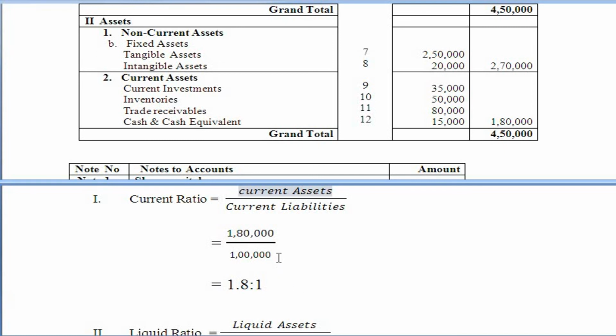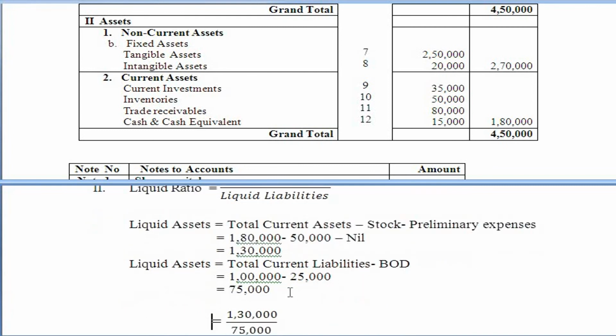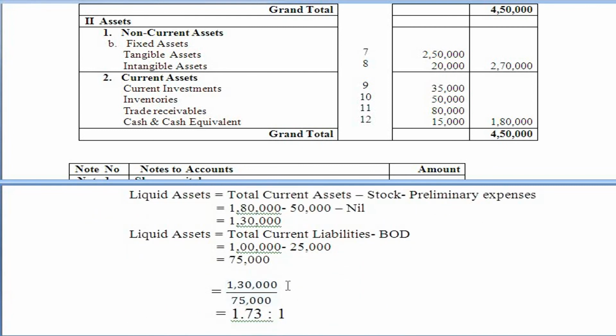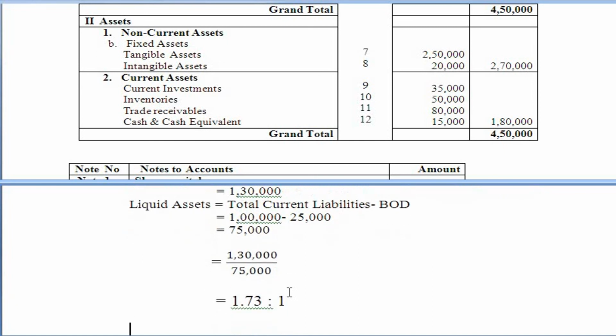What is the ideal or standard ratio of current ratio or working capital ratio? It is 2:1, whereas our actual ratio is 1.8:1. Next one, liquid ratio is 1.73:1, whereas ideal ratio is 1:1, which means that there are more assets than the liquid liabilities. Liquid assets are sufficient to manage the liquid liabilities.